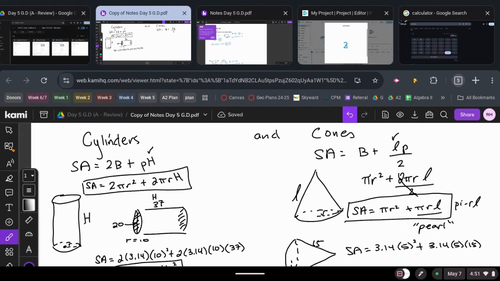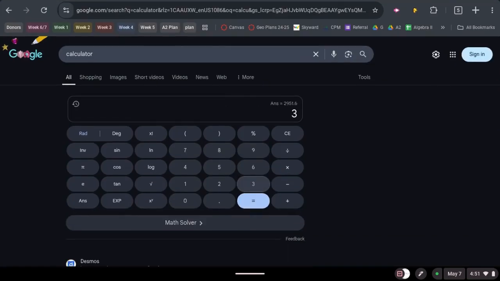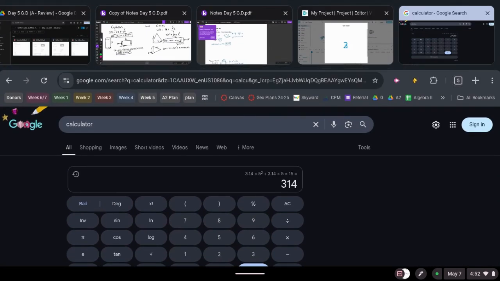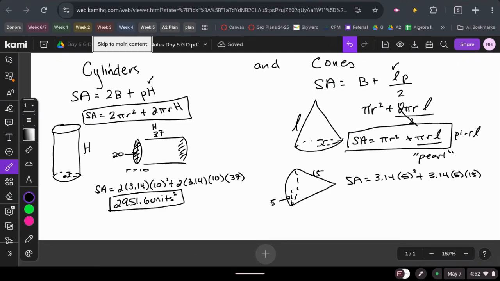So we're looking at 5 and 15: pi times 5 squared plus pi r l. And look at that, I got 314. That's kind of nice. So the surface area is 314. Didn't give units, so again we'll just do units squared. That's how we tackle it with cylinders and cones.